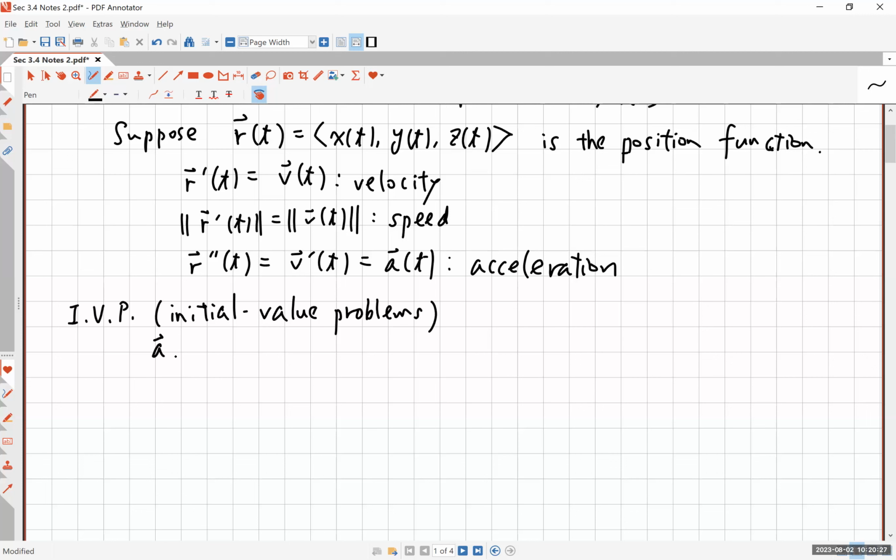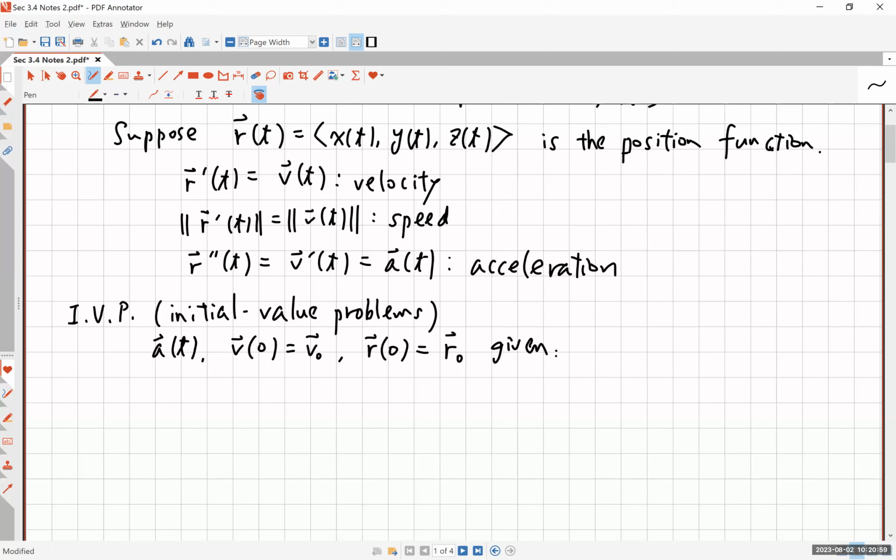We will be given the acceleration and then the initial velocity, v of 0, which we also call v sub 0, or v naught. And then we are also given the initial position, r of 0, which we abbreviate as r naught. So these are given.